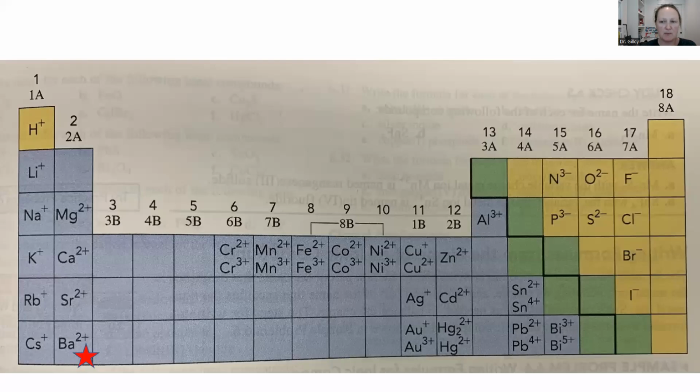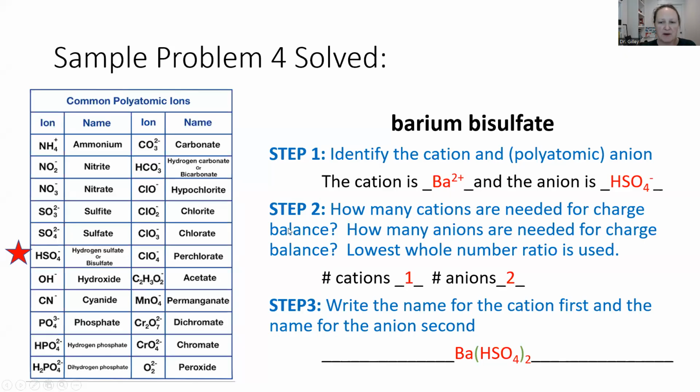Okay, so it's helpful if we need to look back at a periodic table to be able to find barium, right? And we see that it's in group 2A, so it is barium 2+. So barium 2+ is the cation. And then we wanted to find bisulfate. You could actually find it over here in the table.